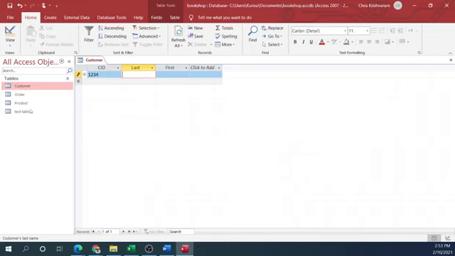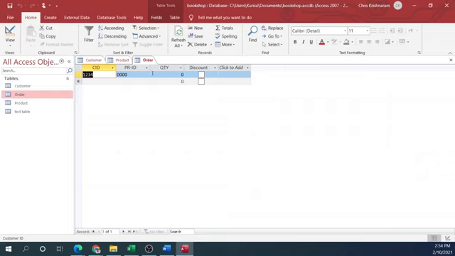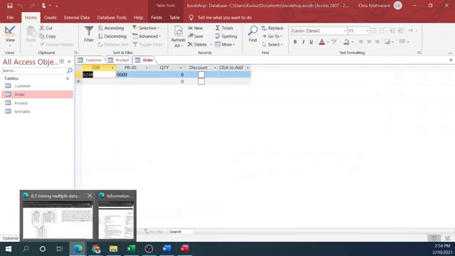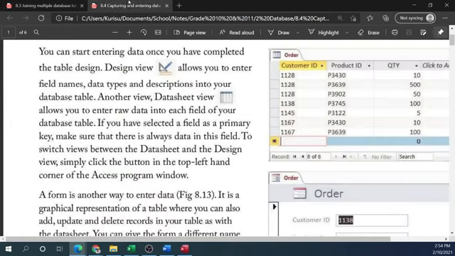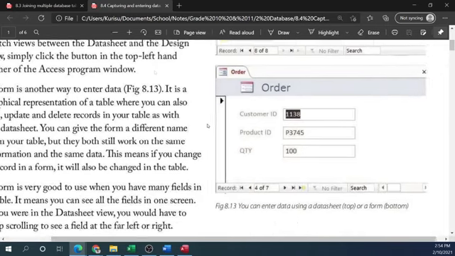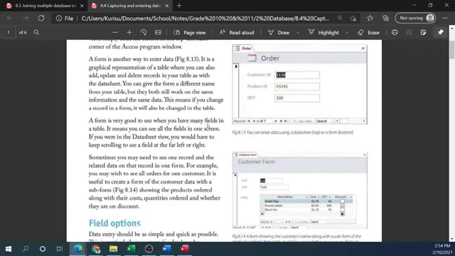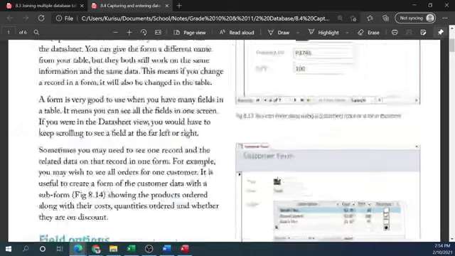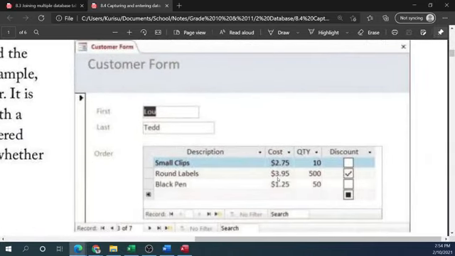If we want to enter a product, we have to open the product table, type in the information. If we want to enter an order, we have to open the order table, enter the information. Now that's three tables we have to open in order to enter information. The form now will allow us to enter the information in one location. So instead of having three tables open, we can have one central location where we can enter information.